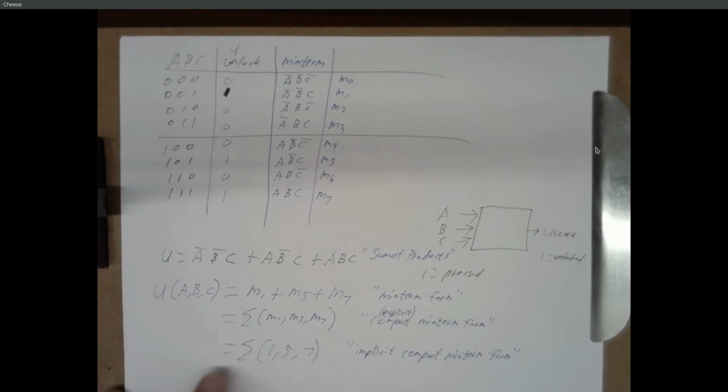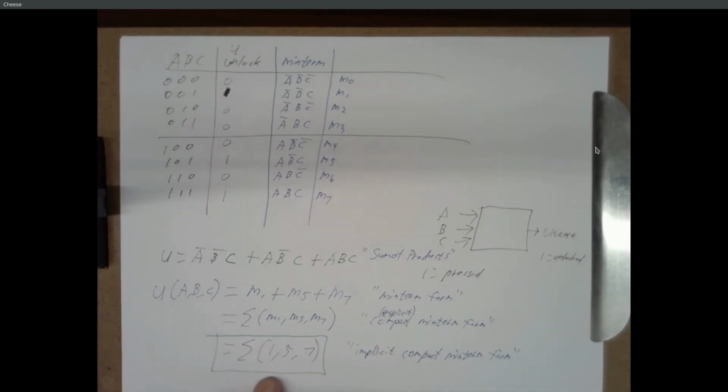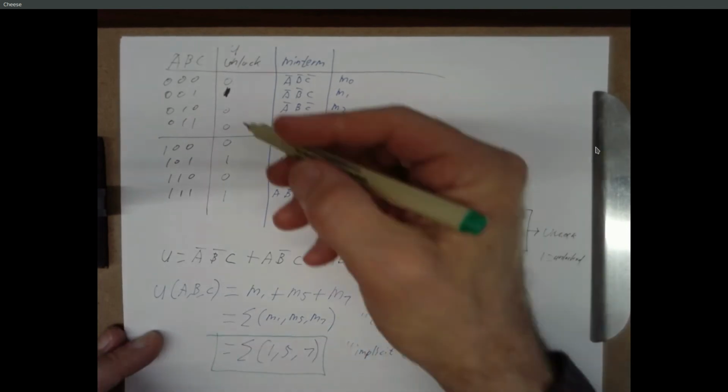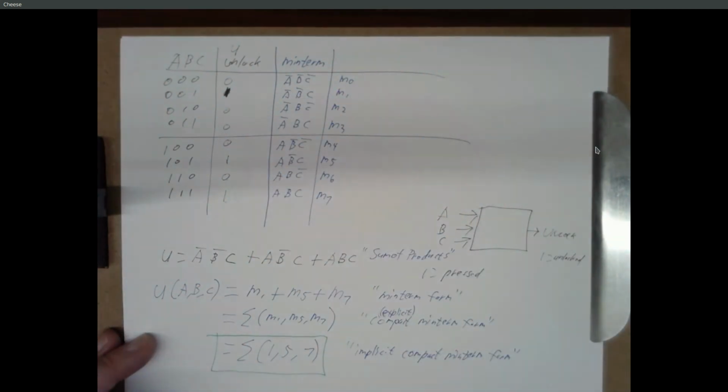But think about this last expression here. How much work did I have to do to write down this equation? I just looked at this and I said rows 1, 5, and 7 are the ones where I have 1s. Sum of 1, 5, 7, I'm done. That's my equation.